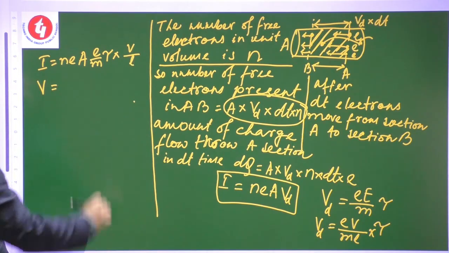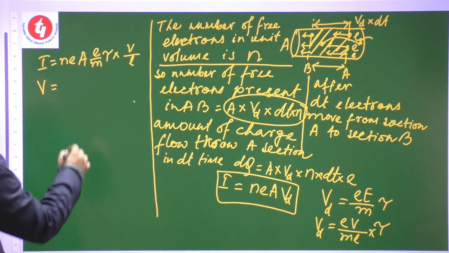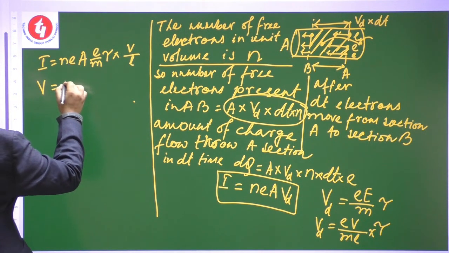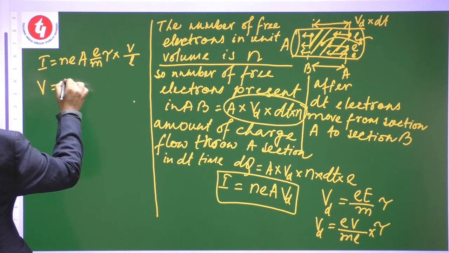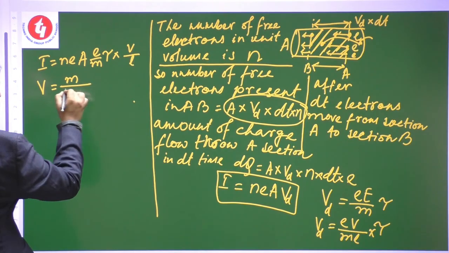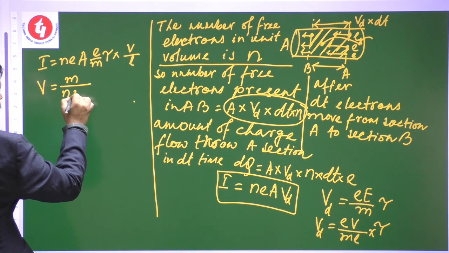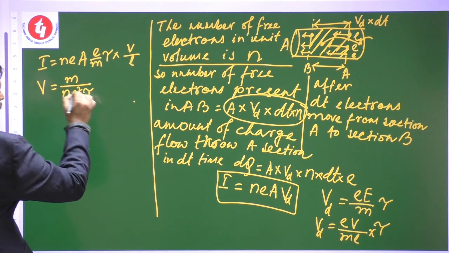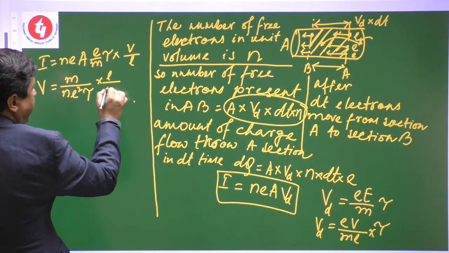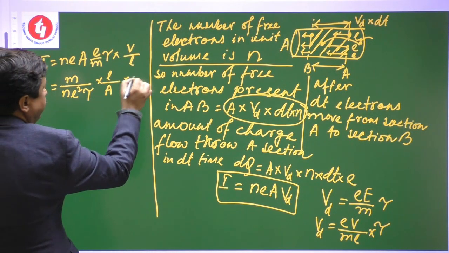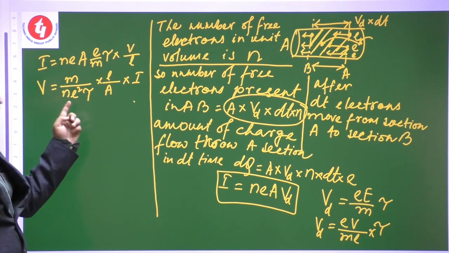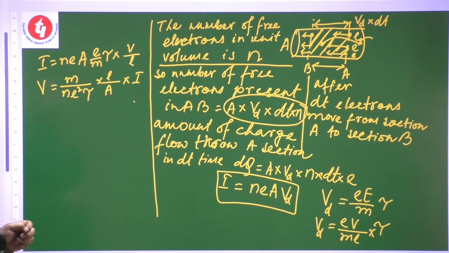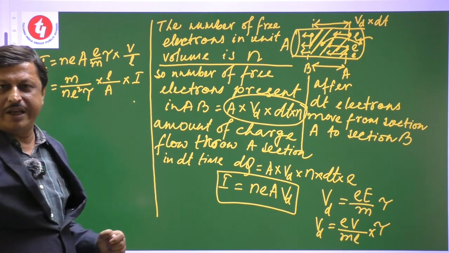V will be equal to m divided by (n e square tau) into L by A into I. So V is equal to m by n e square tau into L by A into I.